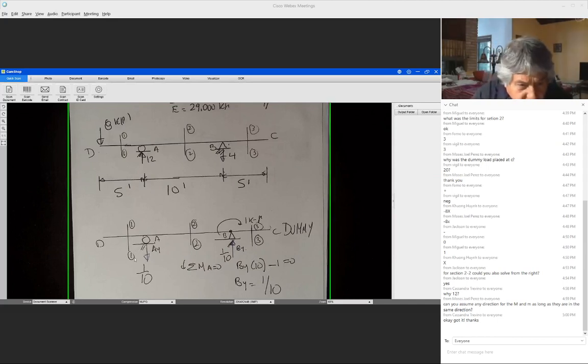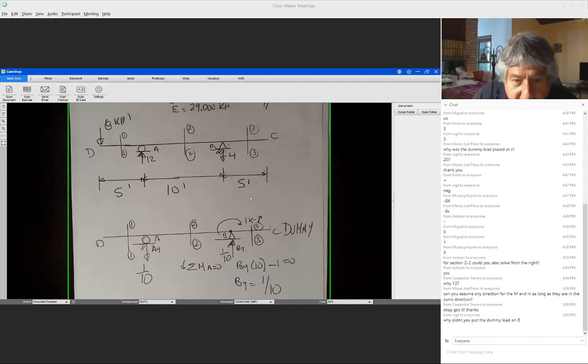To compute the reaction, I apply moment about this point, I get 1/10, 1/10. Every time that you have a unit moment, this reaction will be 1 over this span. You can compute a reaction. This is simple.